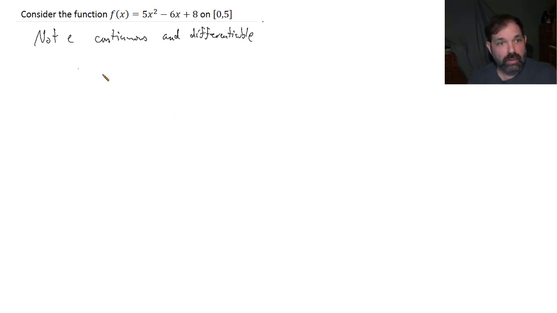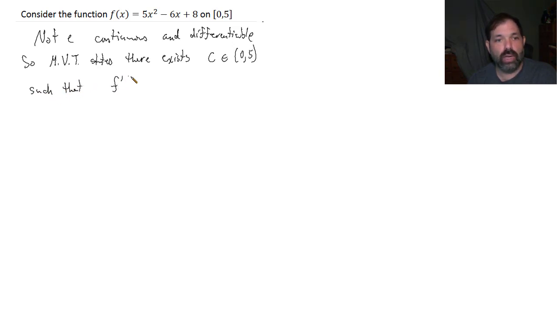And so the mean value theorem states there exists some c on the interval 0 to 5 such that f prime at c would equal f of 5 minus f of 0 over 5 minus 0.